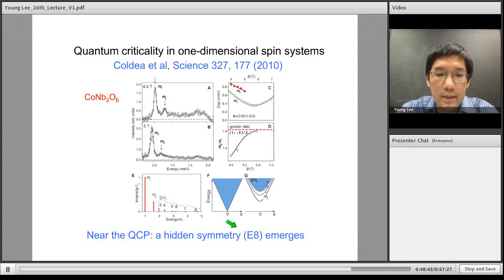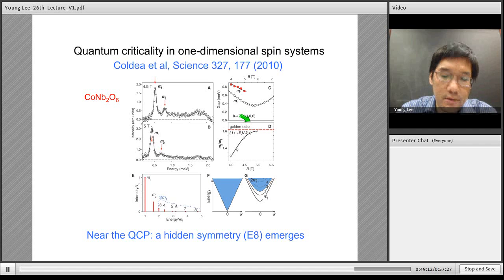So what they did is they measured 2 excitations labeled M1 and M2 at different fields approaching the critical field. And there's a specific prediction in the theory that the ratio of these 2 energies as you get to the quantum critical point should fall on the golden ratio, which is kind of a cool idea.